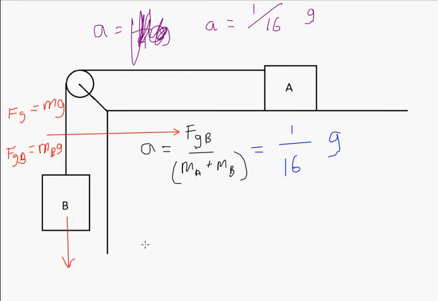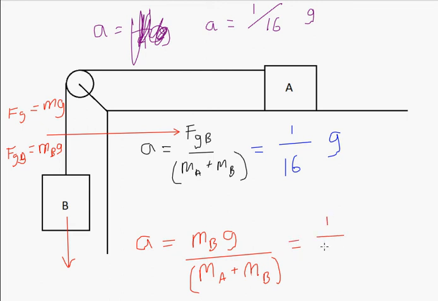So now A, which is F equals FGB, now I'm just going to substitute what FGB equals, which is MBg over MA plus MB. All right, and we're almost done. Now remember, guys, this whole thing equals 1/16th g.